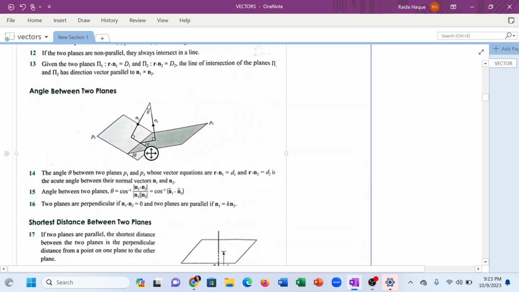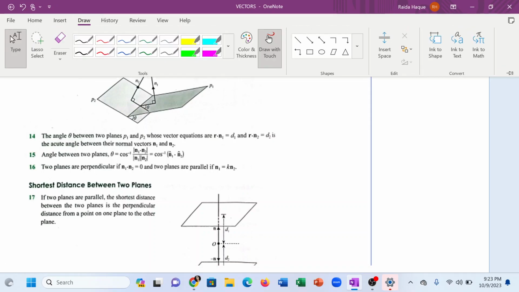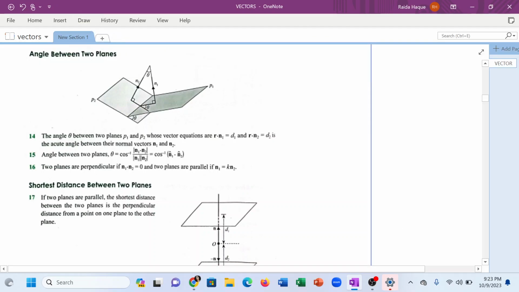Now the angle between two planes. The acute angle theta between two planes, plane 1 and plane 2, whose equations are given, is the acute angle between their normal vectors n1 and n2. So what we're basically required to find is this angle over here.